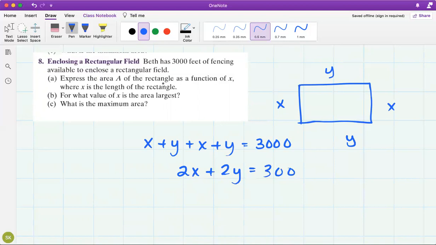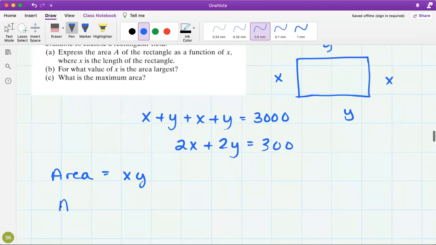I want to express the area of the rectangle as a function of x. So I want to come up with an area equation, which we know the area of a rectangle is x times y. But I want to manipulate this so it's just a function of x. I don't want this y here. How I'm going to do that is I'm going to solve for y in this perimeter equation. That will give me a relationship between x and y.